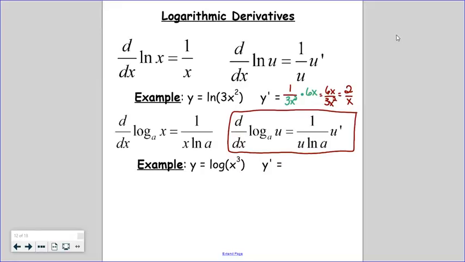So this would be 1 over the insides, which is x to the third, times the natural log of our base, and our base, although not written, is 10, times the derivative of the inside, which would be 3x squared.